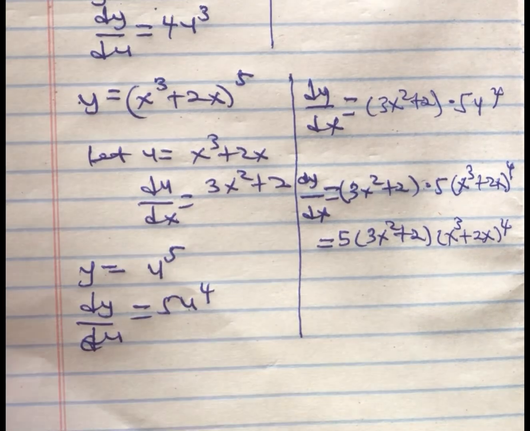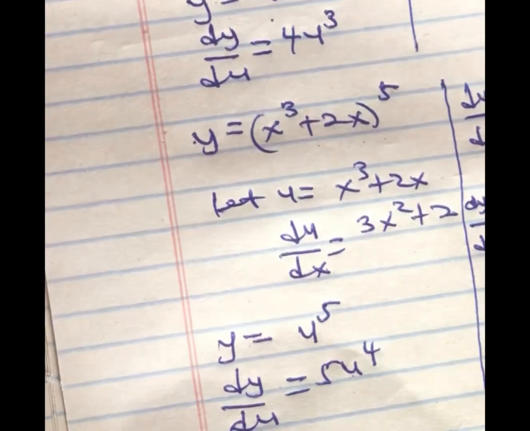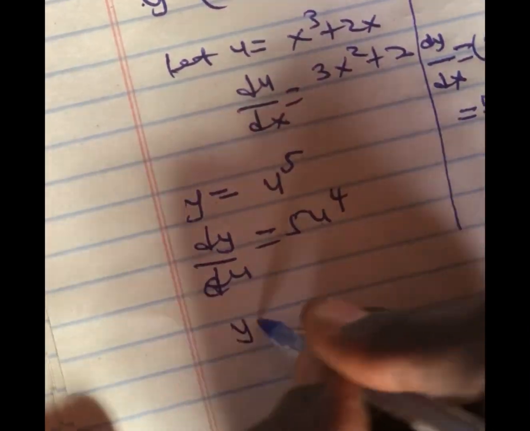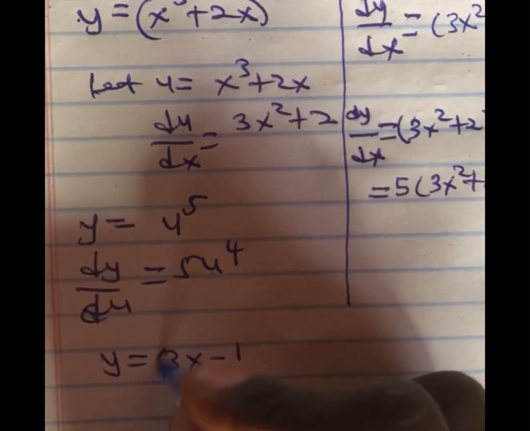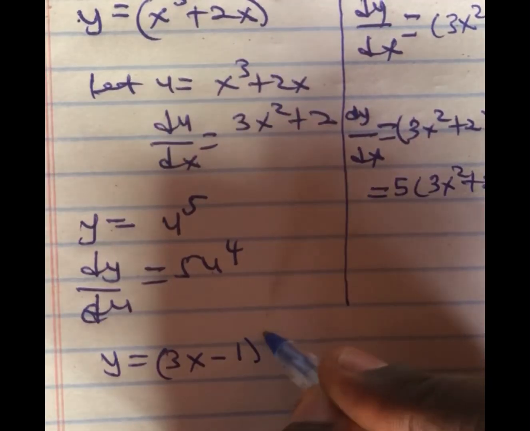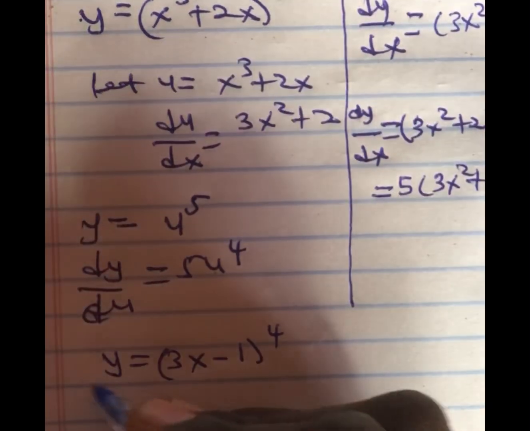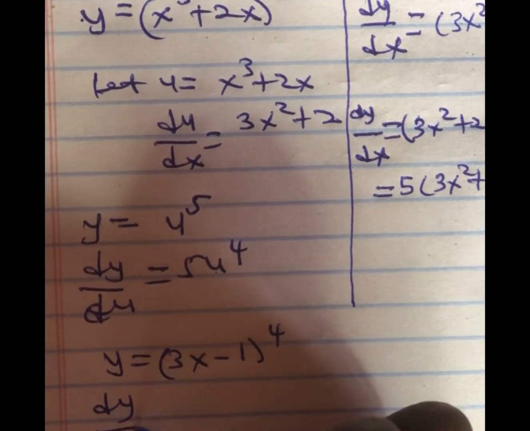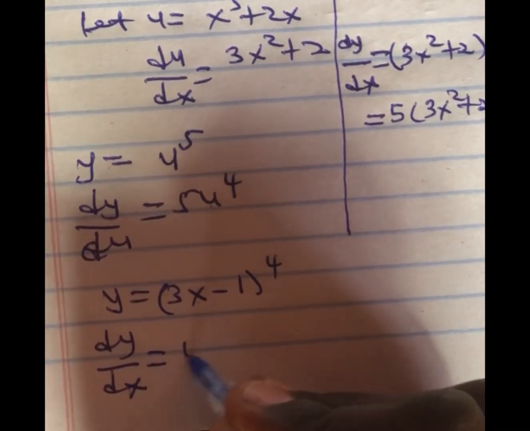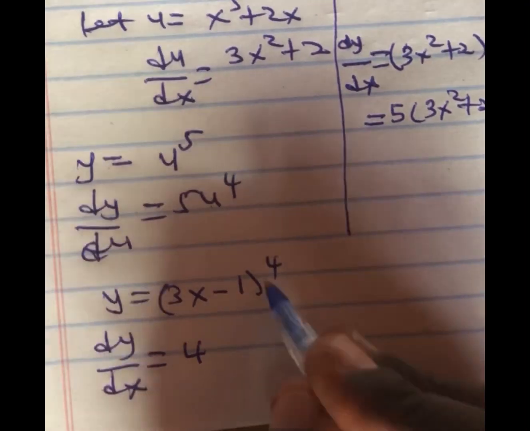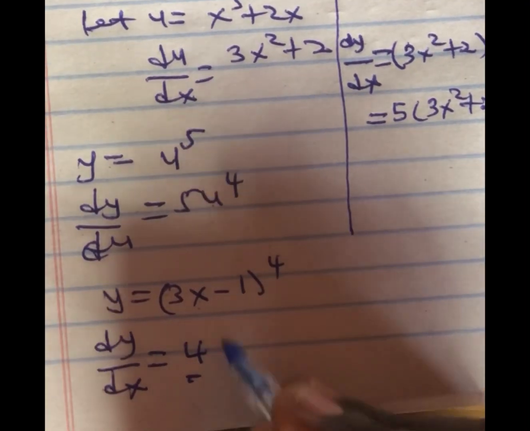Now there's an easier way we could have even solved this without necessarily going through the whole chain rule process. So in the case of this first question, from y equals (3x minus 1) all exponent 4, to find dy/dx, what you do is you first write the exponent and then you differentiate what is inside the bracket.